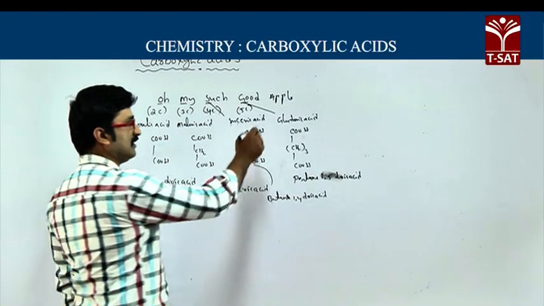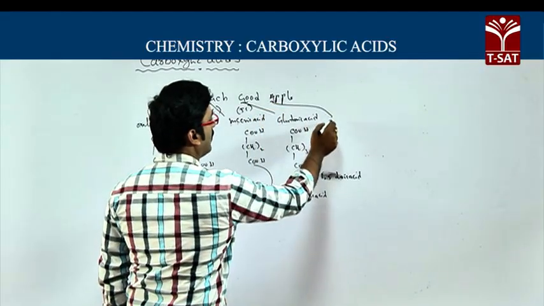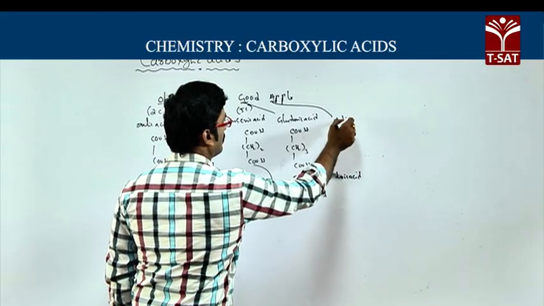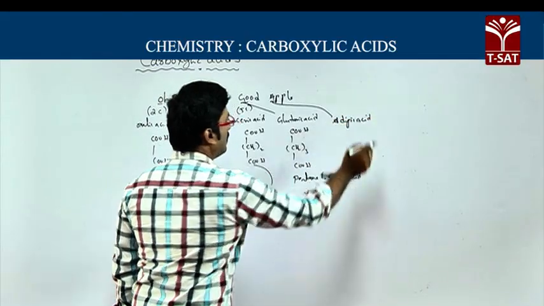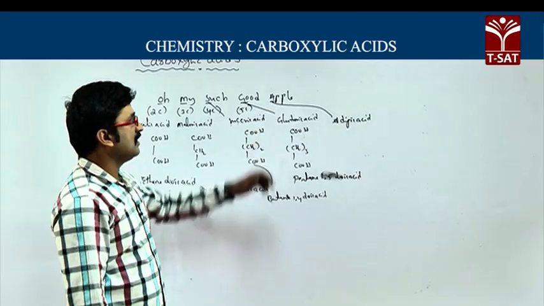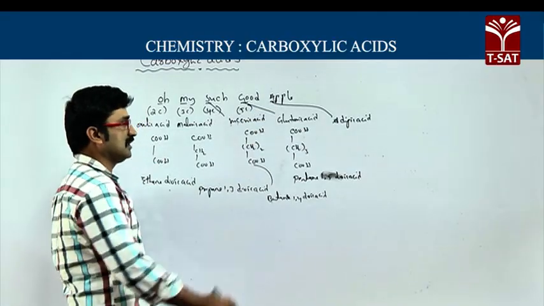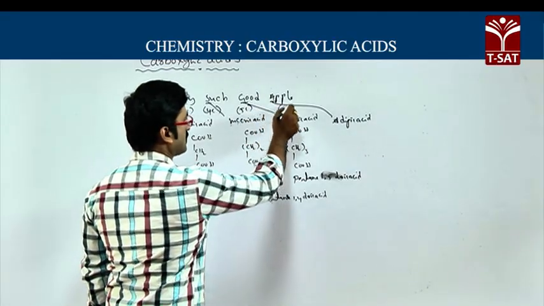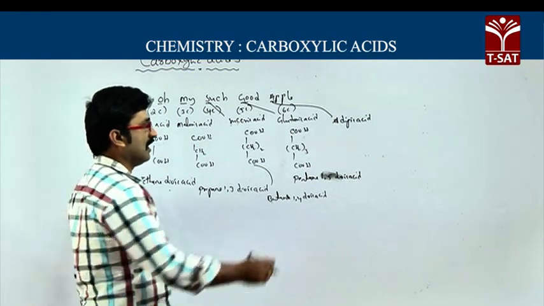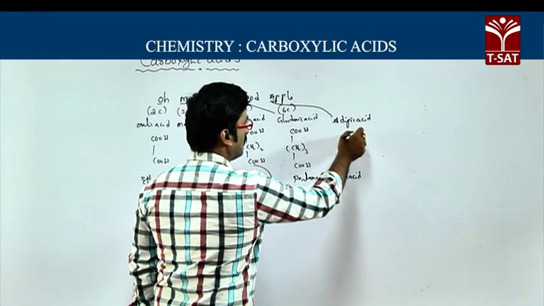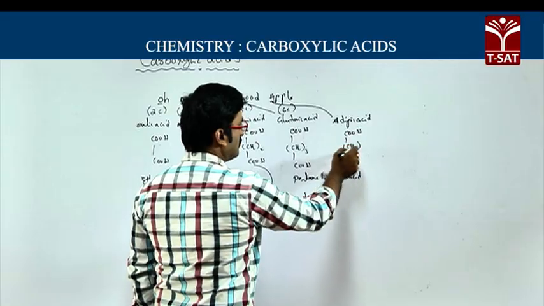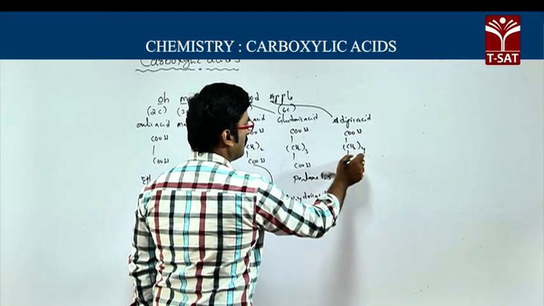And the last one is A. A is nothing but adipic acid. Adipic acid is the common name of the dicarboxylic acid which contains 6 carbon atoms. Its formula is COOH, CH2 taken 4 times, COOH.